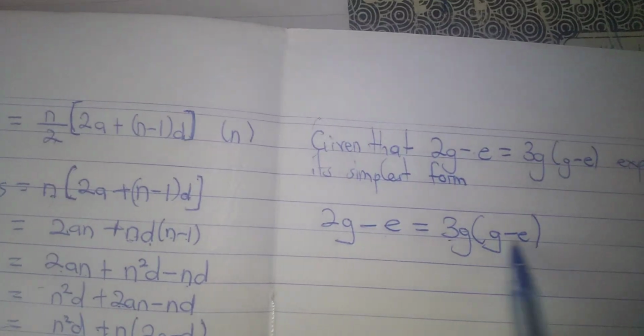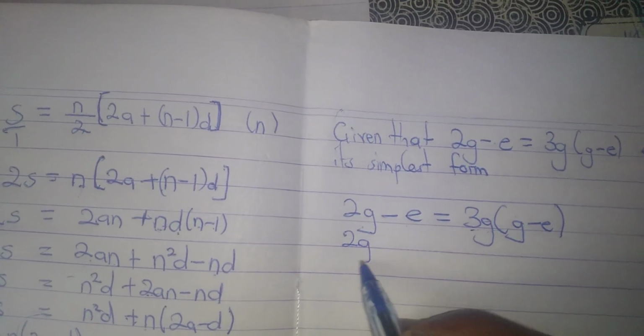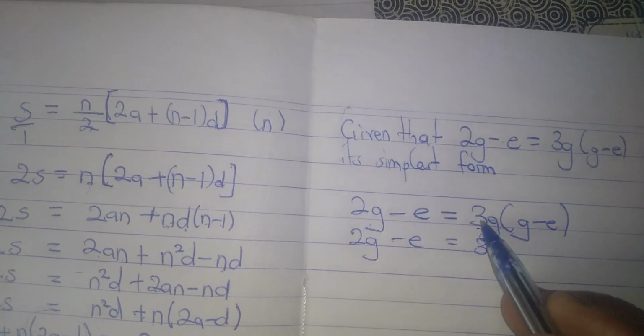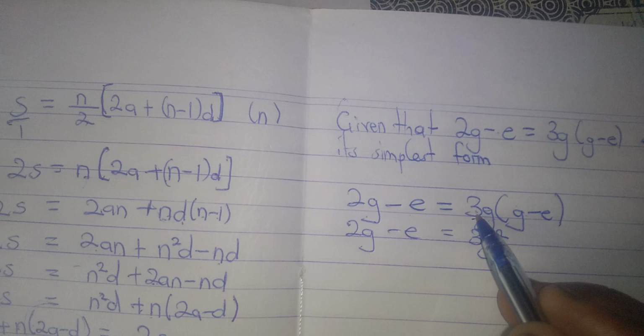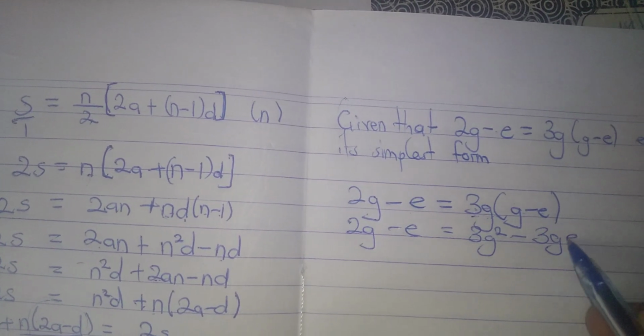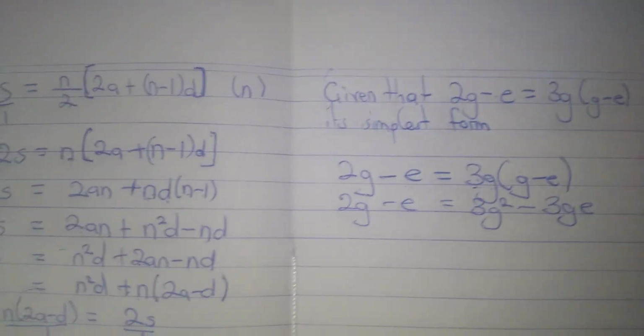So from there, just open this. Remember here we have g also inside g, but you can even see before you open that the g will go to degree 2. This is 3g times that, we got 3g squared. So 3g times that minus 3ge. I've opened that bracket. But look critically.